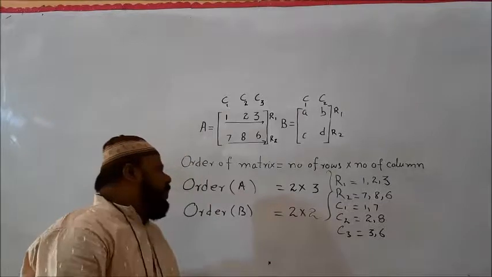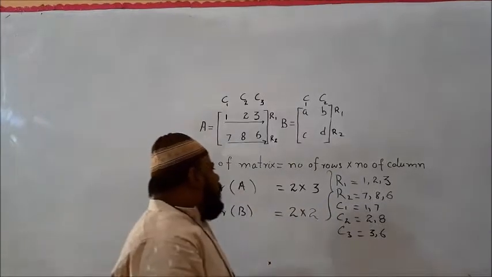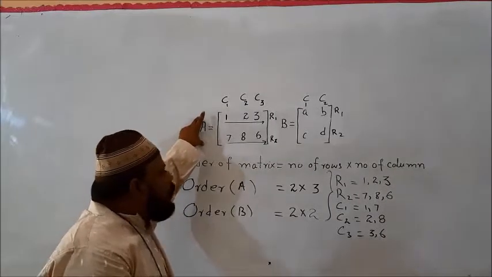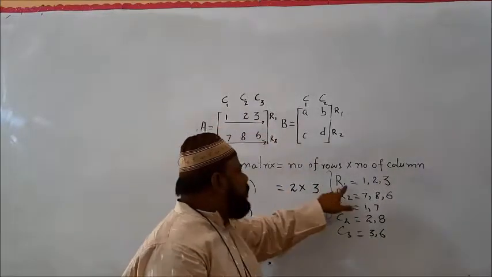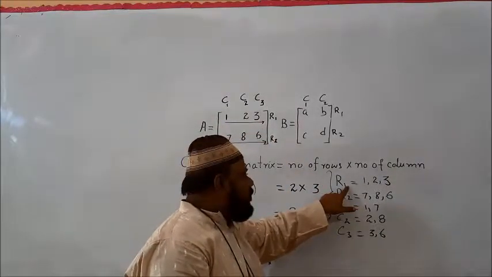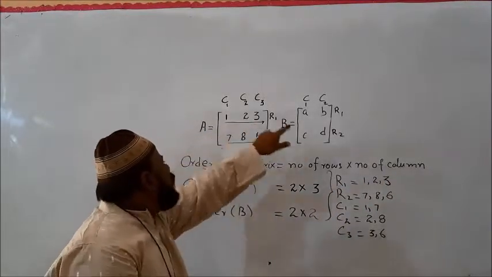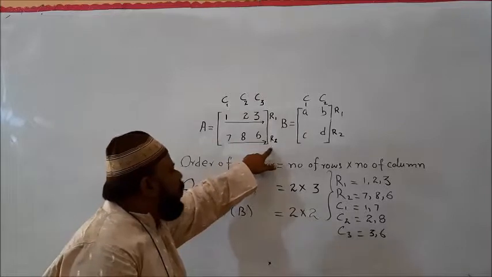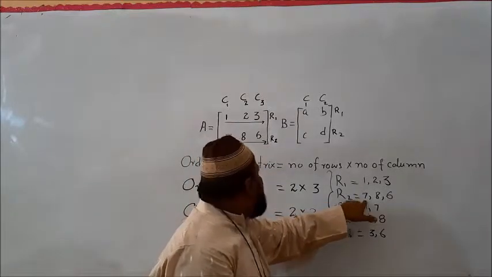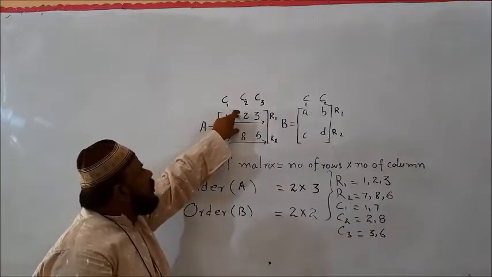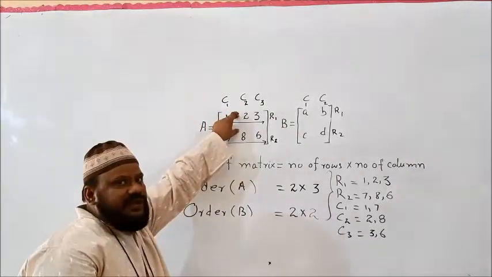Have you clear? I said matrix A, you have 2 rows, row 1 with elements 1, 2, 3. Second row, elements 7, 8, 6. How many columns in this matrix?